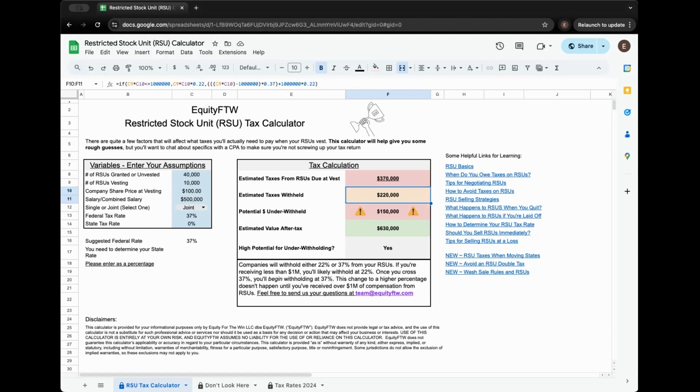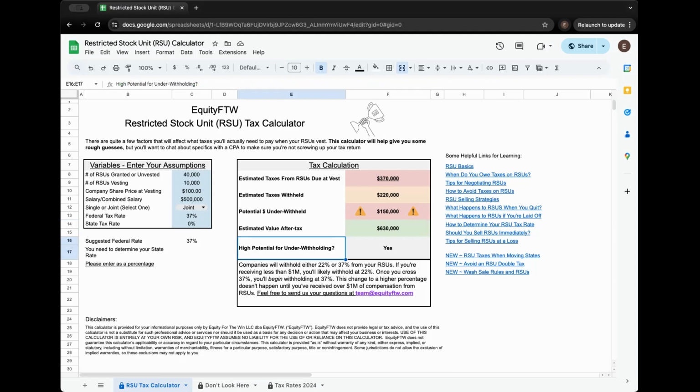But what is unfortunate is right at $1 million is when RSUs start being withheld at a higher rate, but everything up until that point is withheld at 22% typically. And so on $1 million of RSU income, you would have $220K of taxes withheld, leaving you with a pretty substantial shortfall of $150,000. So if you were to actually calculate and take that into account, your after-tax value would be $630,000.